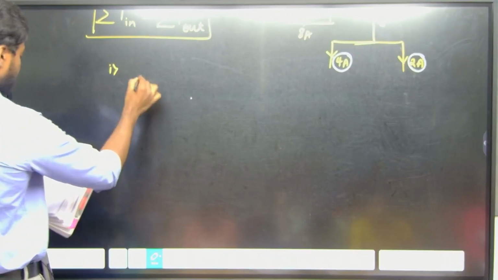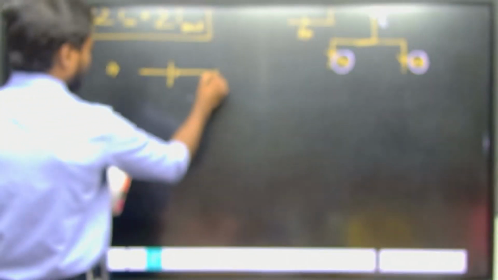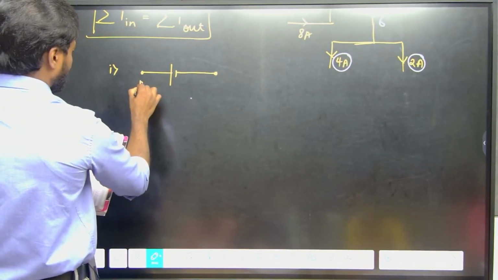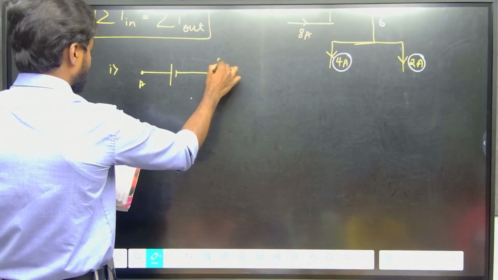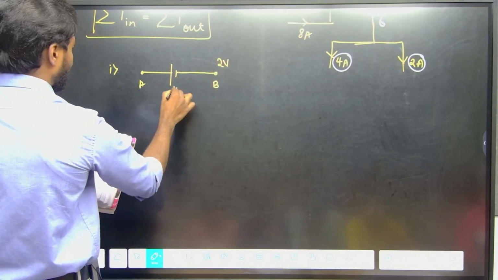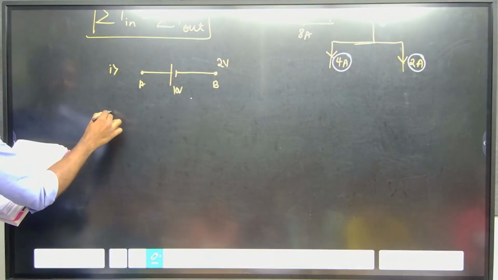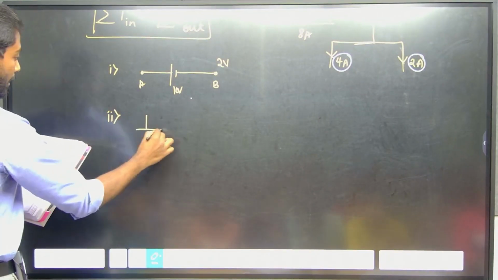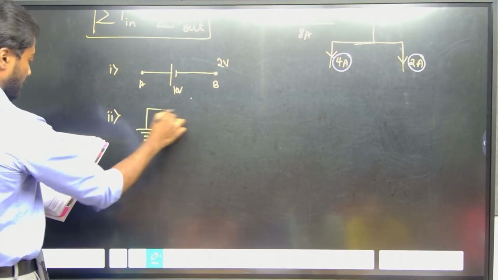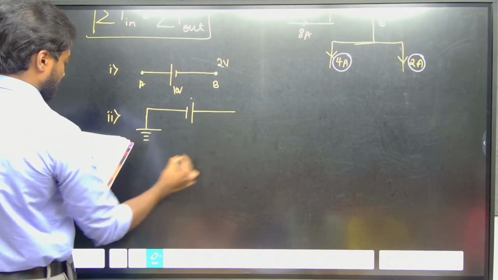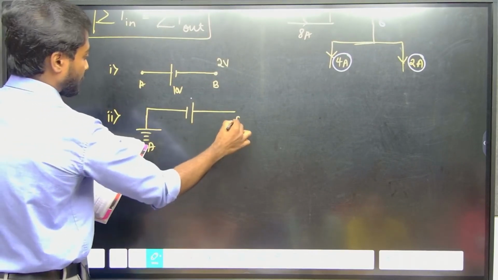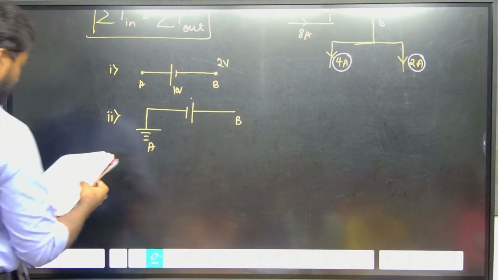So first one, A and B. This is 2 volt and this is 10 volt. Second case is connected to earth. This is A and this is B, and this one is 5 volt.